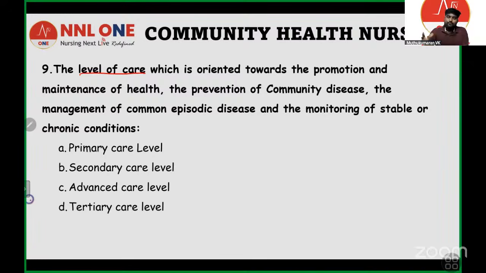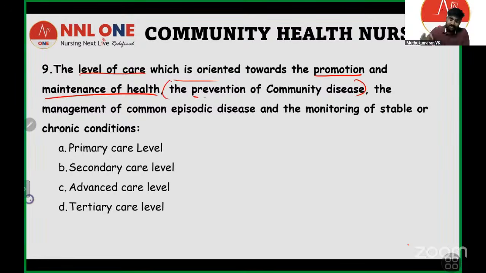When I do screening and take prompt action towards the particular medical condition, then it is secondary. When the complication has arrived, then I do rehabilitative measures and disability limitation, that is tertiary.